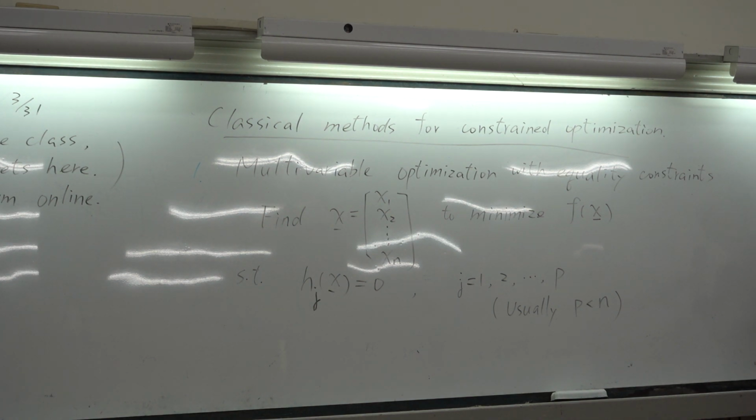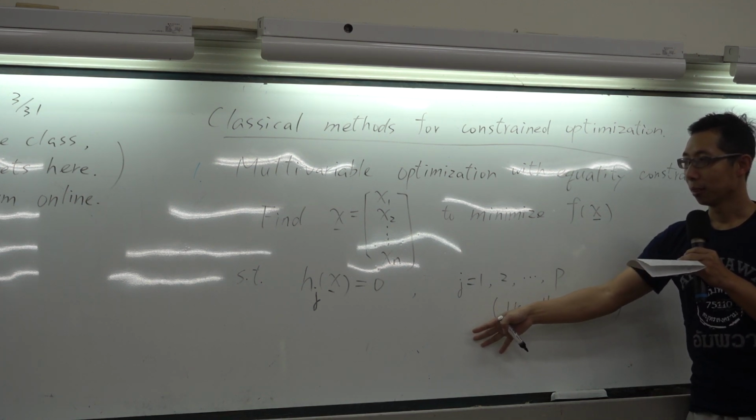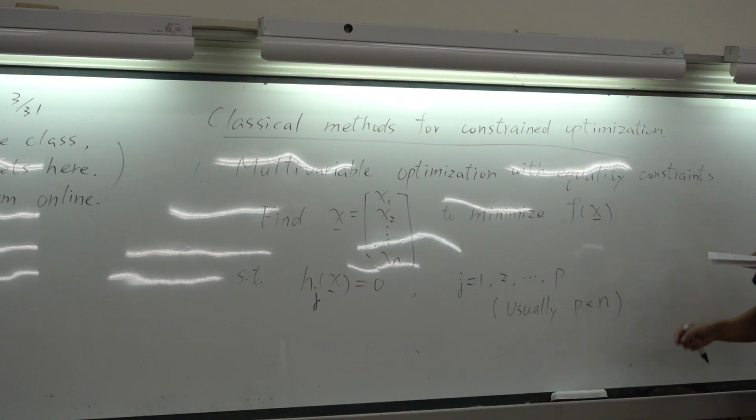So it's not an optimization problem. And if p is larger than n, there must be something wrong. So usually p is less than n, and then we can perform the minimization based on p constraints.